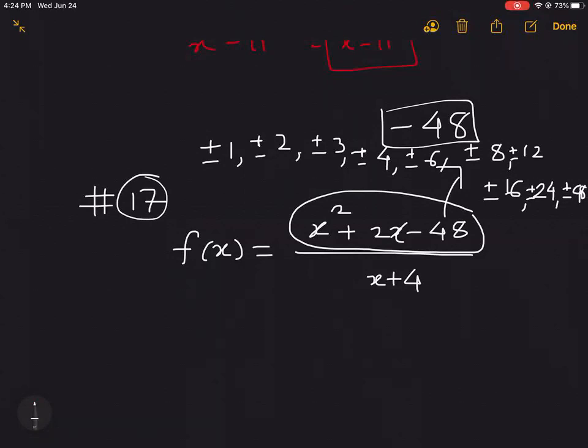But as this is a smaller polynomial, it will be easier to factorize. What you can do instead is this.